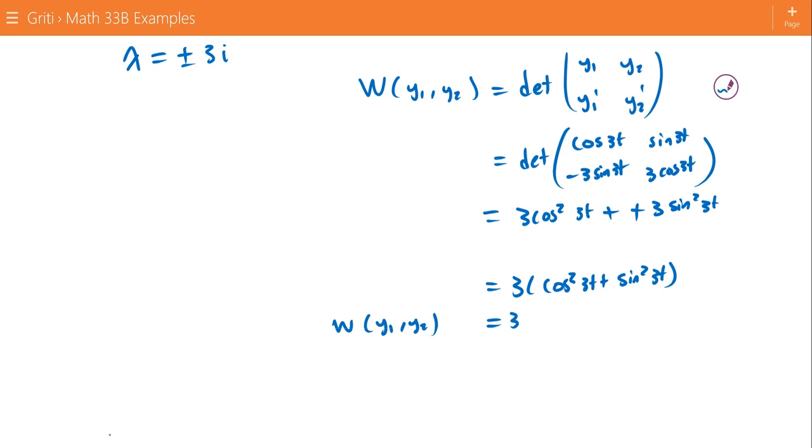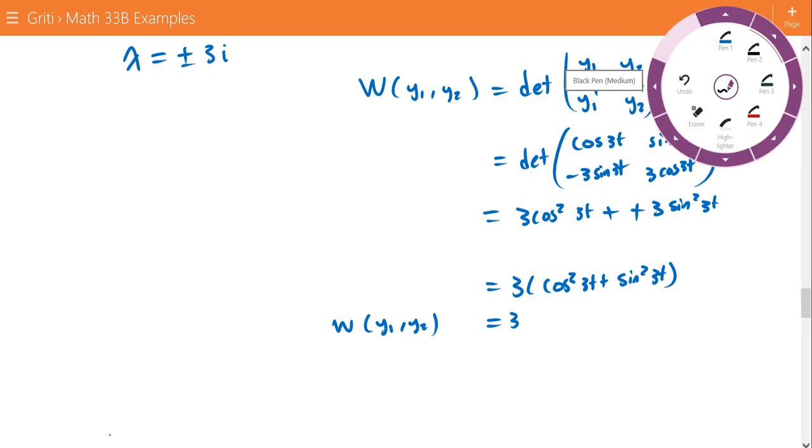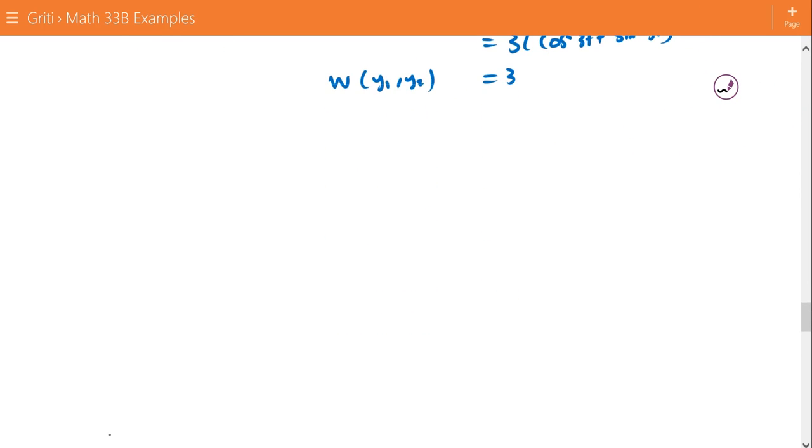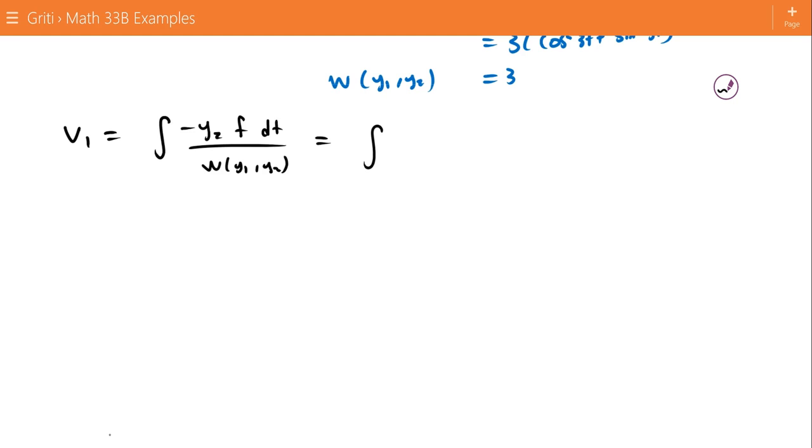So now we can use the following equation to find v1 and v2. So v1 is going to equal the integral of negative y2 times the forcing term f dt over the Wronskian of y1 and y2. This is going to be negative sine 3t.